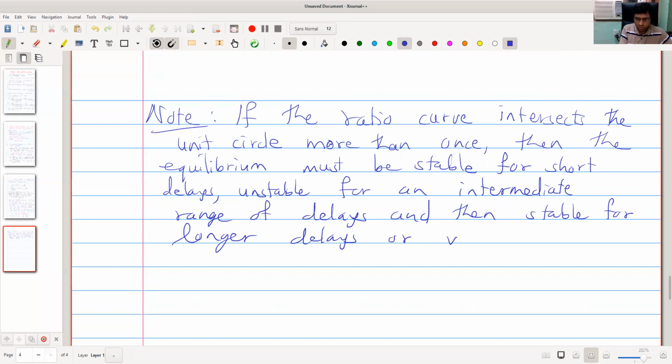Or vice versa. It may happen that initially it is unstable, then becomes stable, and again becomes unstable.